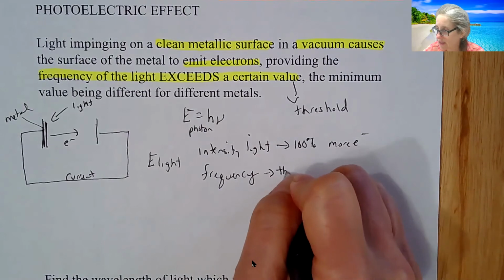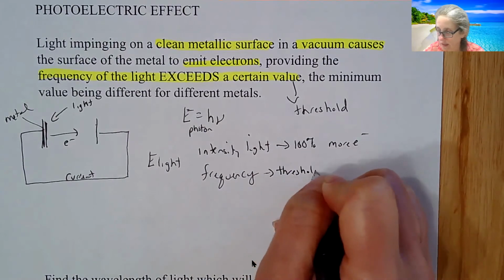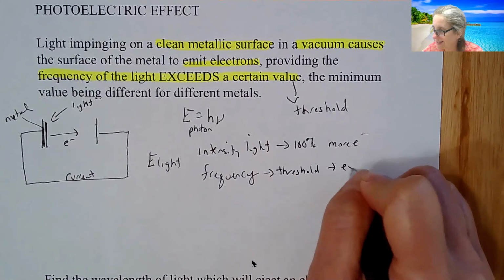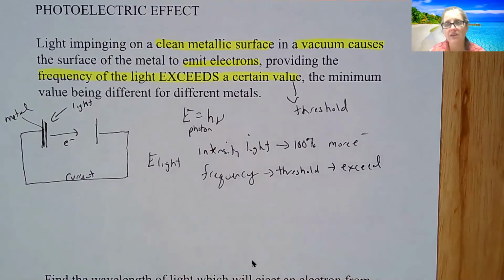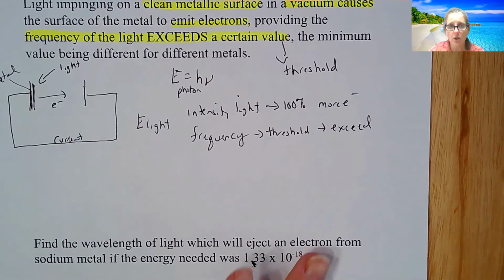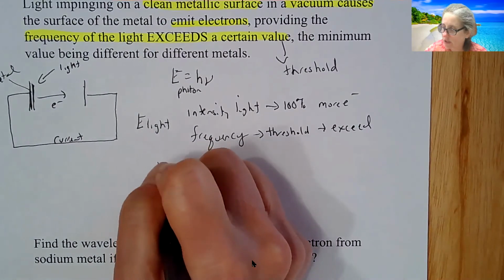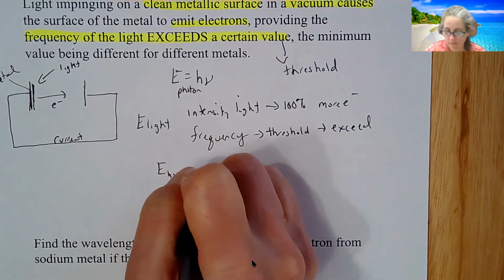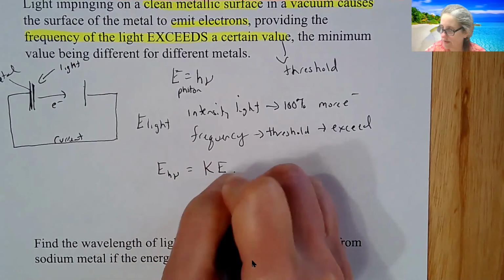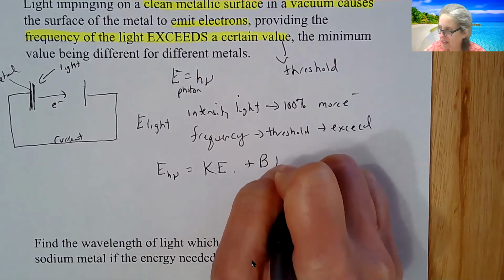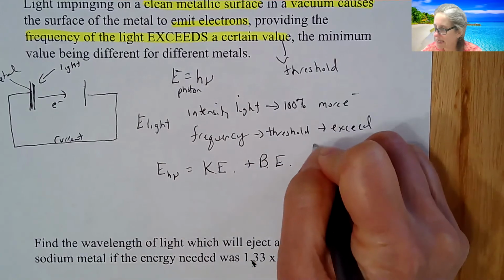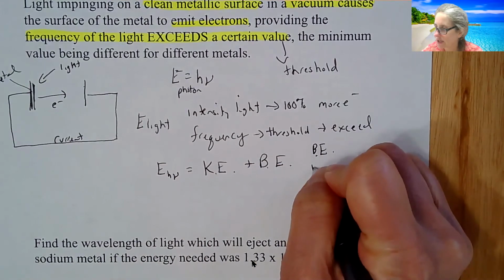Once it hits that threshold, you're going to exceed that threshold, and you're going to get extra energy out. So where is that energy going to go? The energy of that photon is due to the kinetic energy and its binding energy. BE stands for binding energy.